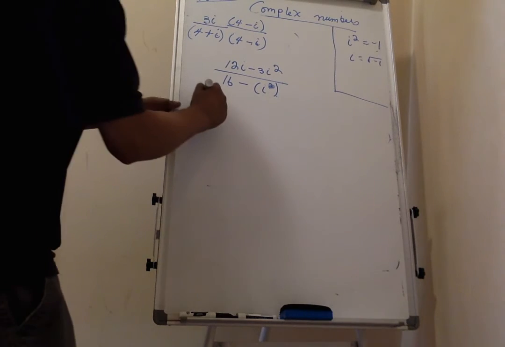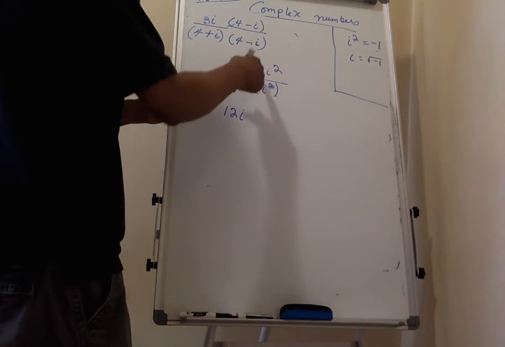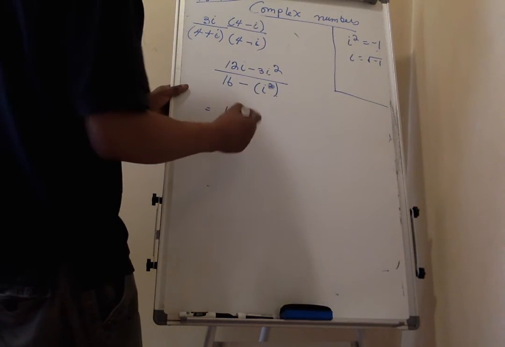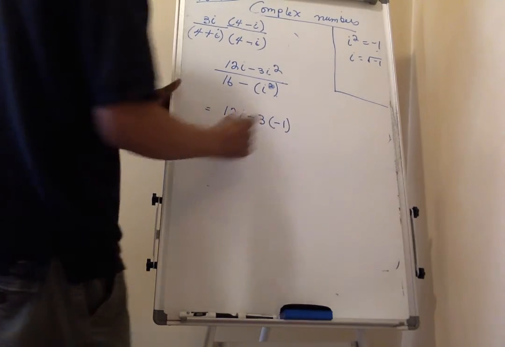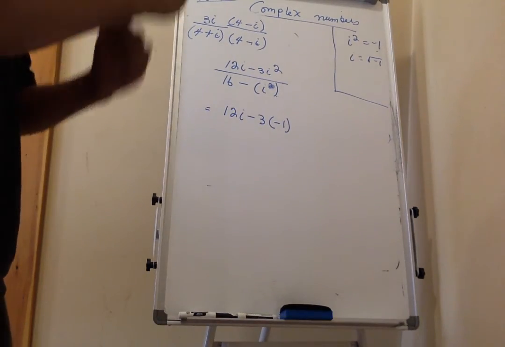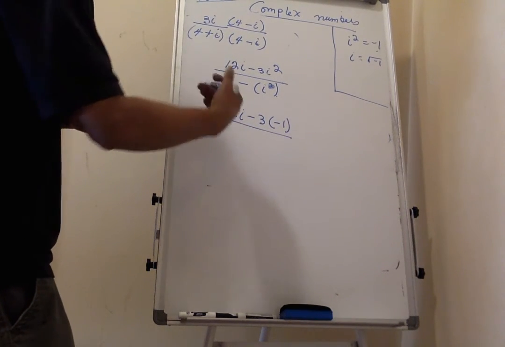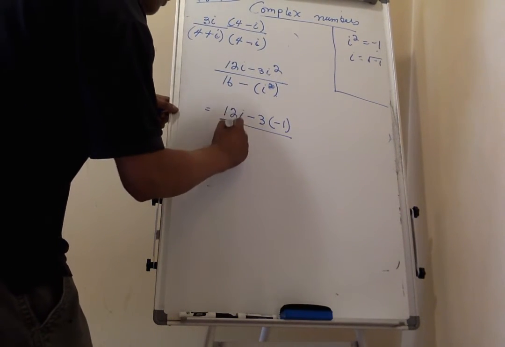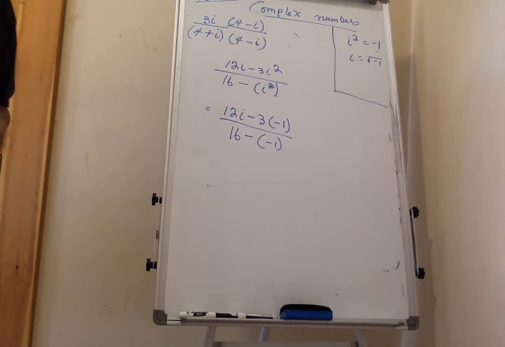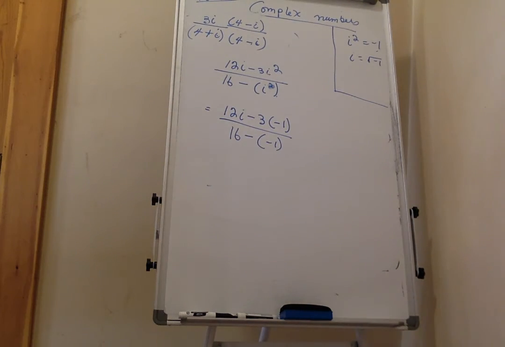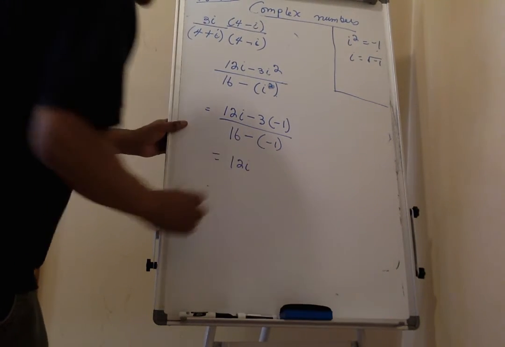Now, let me go to the top. So this would be 12i. You know your i squared is negative 1, so this would be minus 3 times negative 1. I'm doing it step by step so that you can see the logical outcome of it. And then 16 minus negative 1. Then I would have 12i.